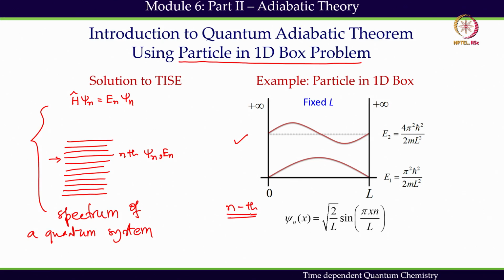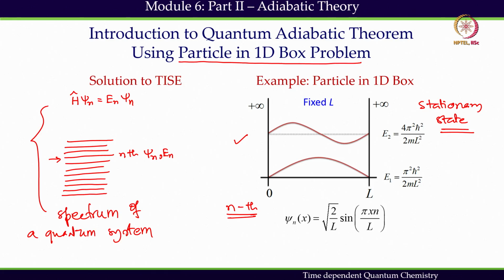Of course these are all stationary states. They are stationary states not because the wave function does not have time dependence, but because its probability density is time independent. That is why it is a stationary state.